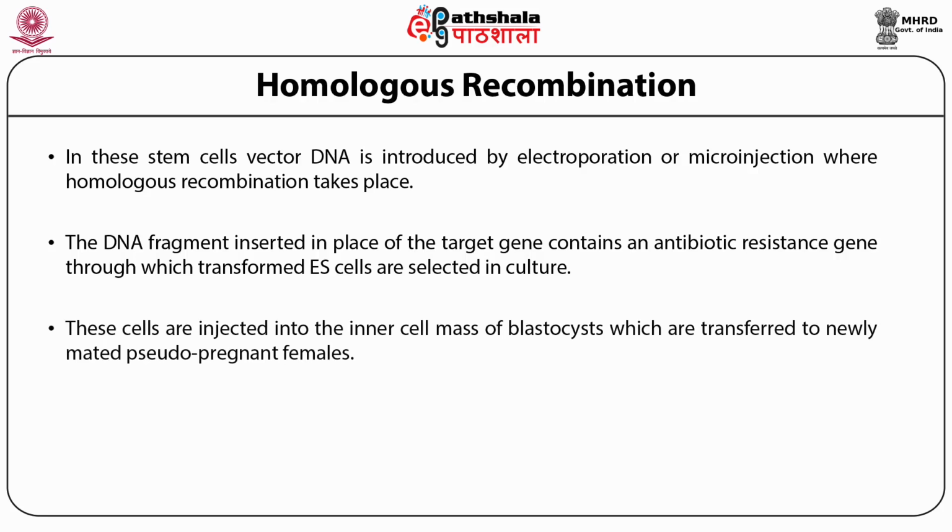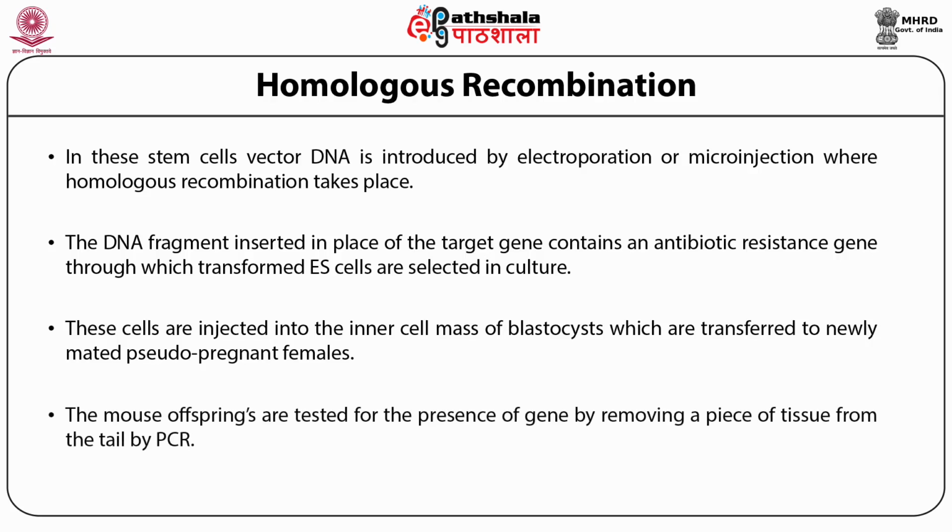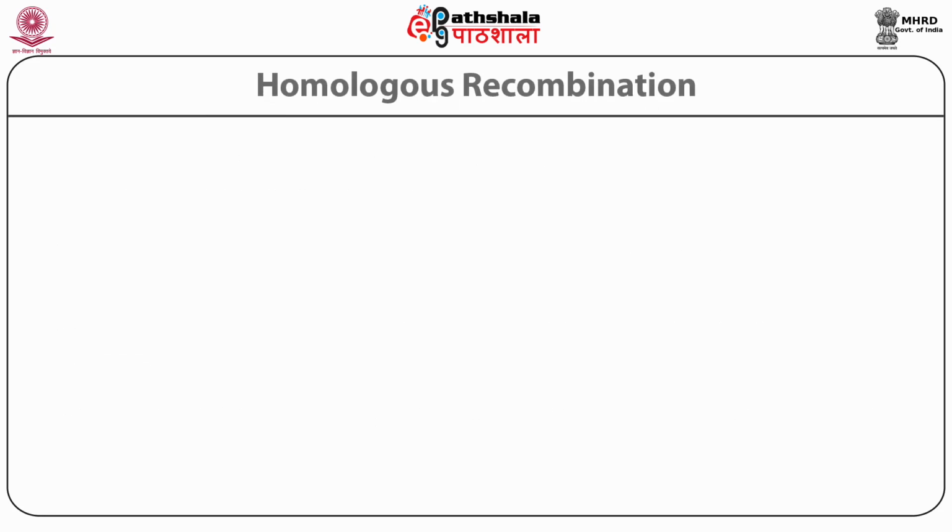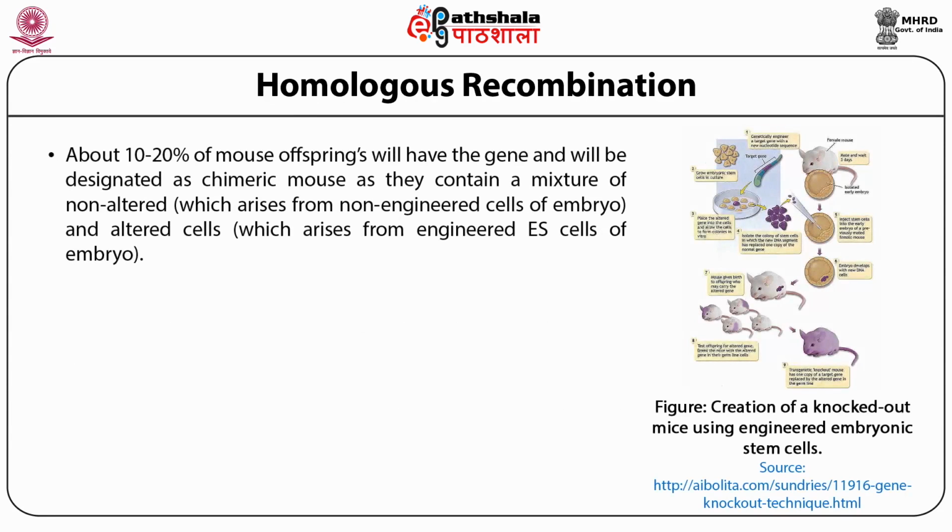These cells are injected into the inner cell mass of blastocysts, which are transferred to newly mated pseudo-pregnant females. The mouse offspring are tested for the presence of the gene by removing a piece of tissue from the tail and using PCR. About 10 to 20% of mouse offspring will have the gene and will be designated as chimeric mice, as they contain a mixture of non-altered cells and altered cells.